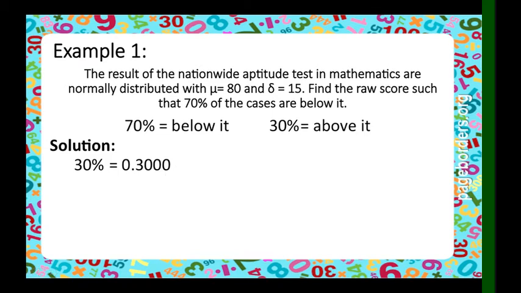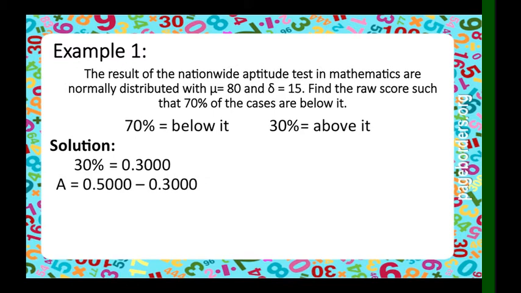Two is also possible, but four decimal places is better because, if you still remember from our previous lesson, using the two-tailed z-score distribution, the areas have four decimal places.